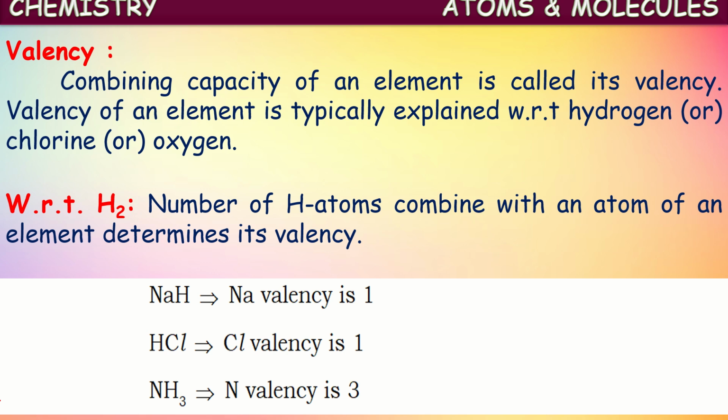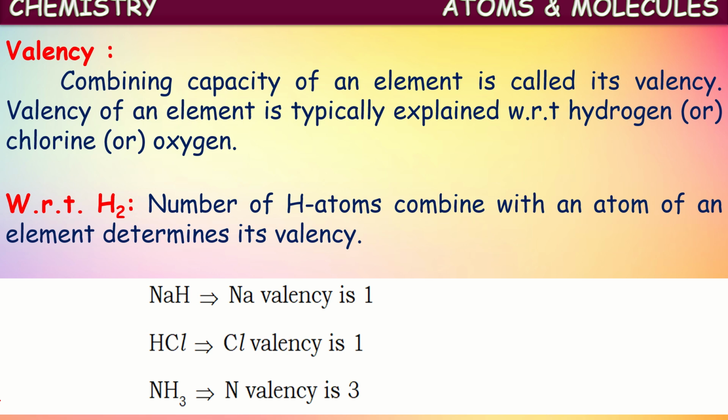The valency of an element is explained with respect to hydrogen, chlorine and oxygen. The combining capacity of each and every element is explained with respect to hydrogen, chlorine and oxygen. Why? Because all the elements do not possess the same valency. Their combining capacities are different.